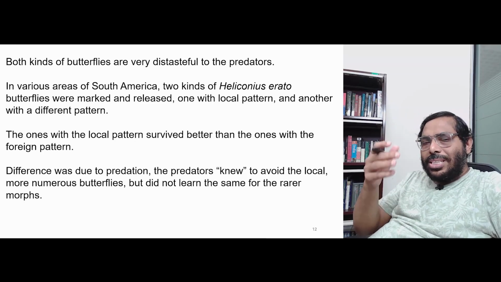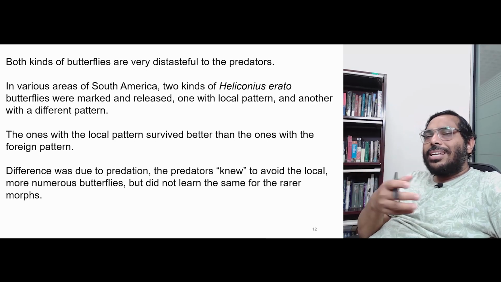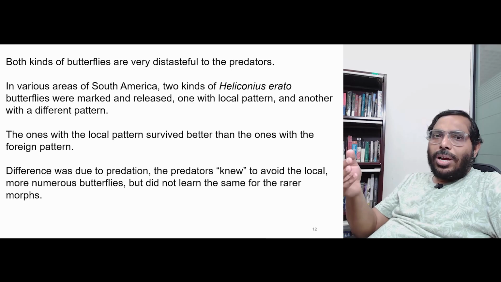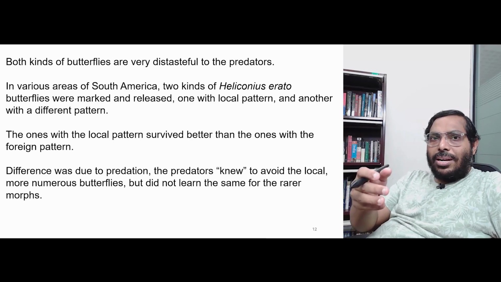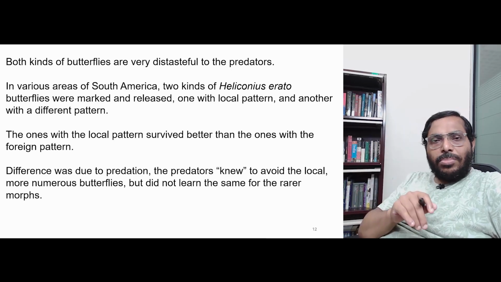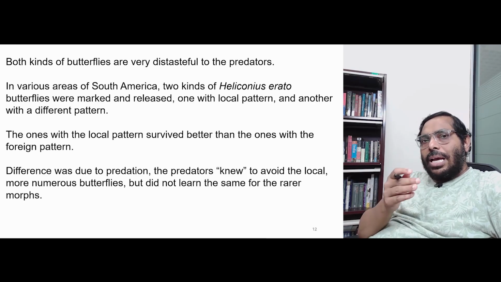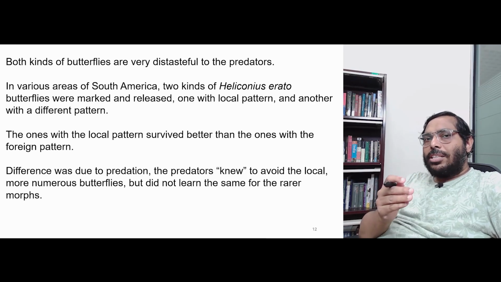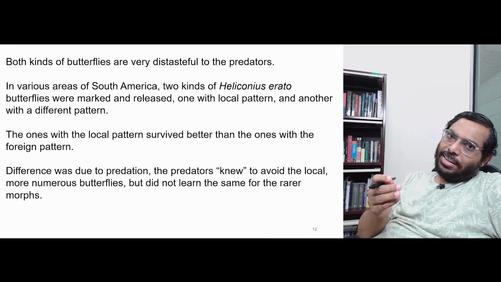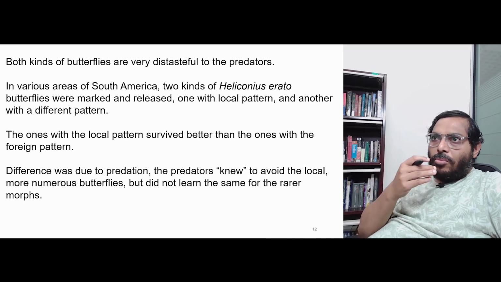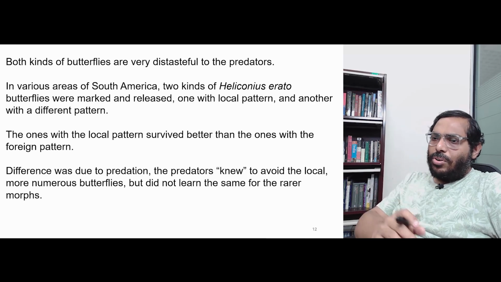Because their numbers are very small, the predator does not encounter them very often, and it takes a much longer time to learn not to eat that particular pattern. Therefore the ones whose patterns do not match the local pattern end up facing much greater mortality, and their fitness goes down drastically.